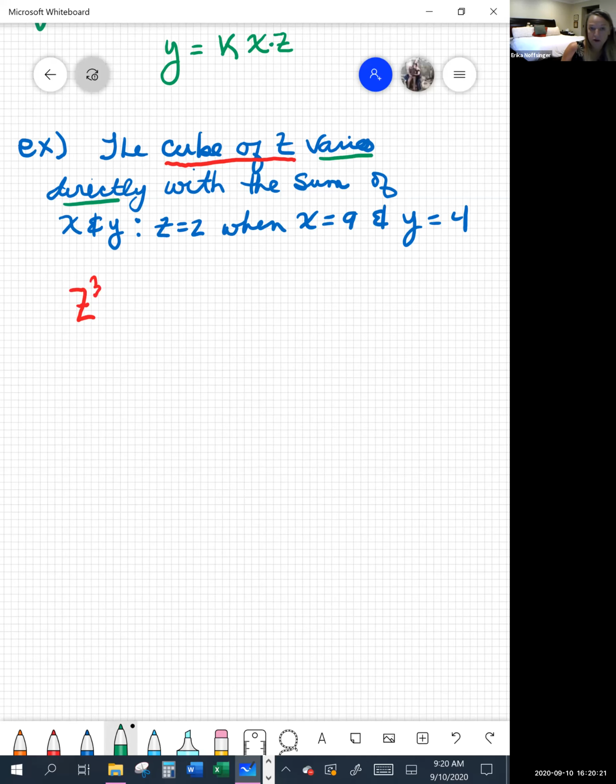When it says varies directly or varies proportionally, I know I need that equal sign, and I'm always going to have that constant K, which is special to this problem. Then let's figure out the rest of what they want us to write. It varies directly with the sum of the squares of X and Y.